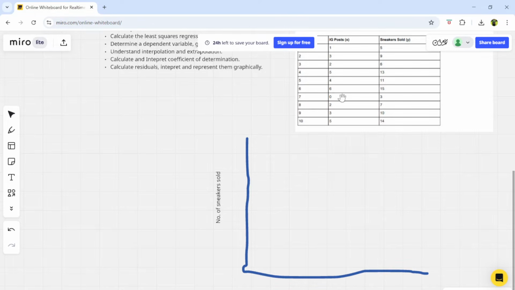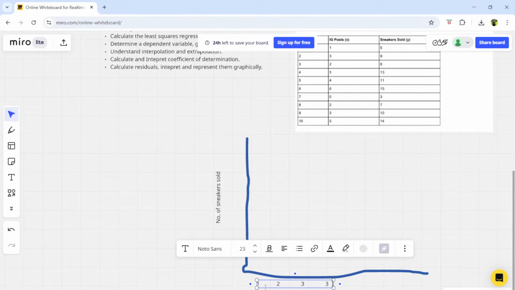I see the lowest is 0 and the highest is 6, so I'm just going to write 1 up to 6 over here: 1, 2, 3, 4, 5, and 6. So remember, you need to draw this according to scale.